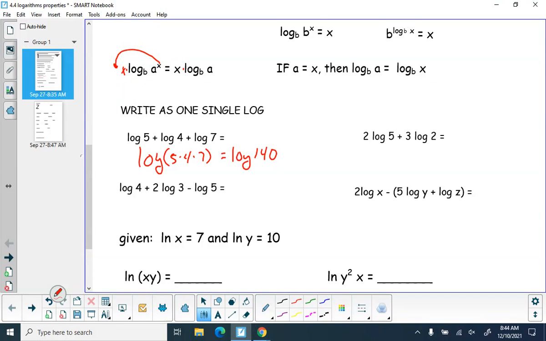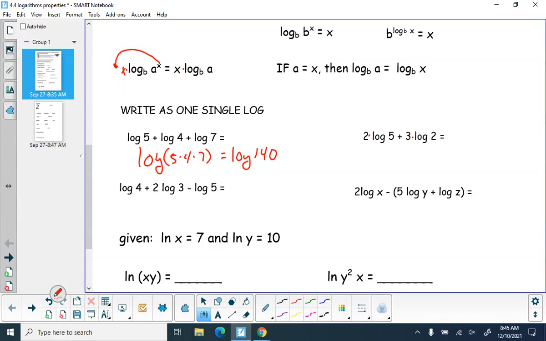I have 2 log of 5 plus 3 log of 2. I want to write it as one single logarithm. Now I have logarithms that are being added, but I still have coefficients on each one of these. So I have multiplication by these coefficients. Utilizing this property in reverse, when I have a coefficient on a log, I can write it as the exponent of my value.